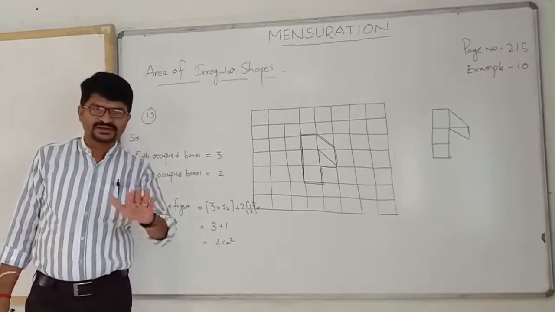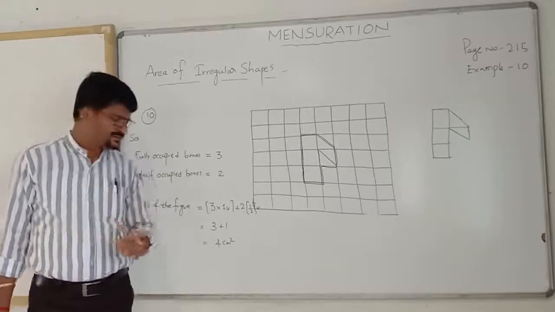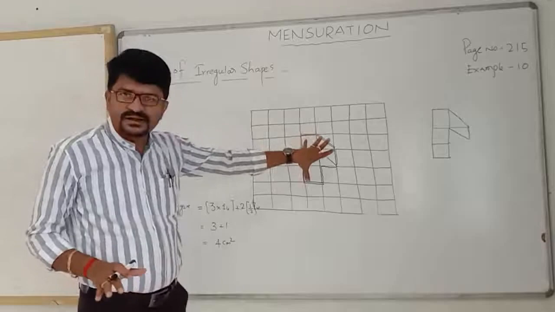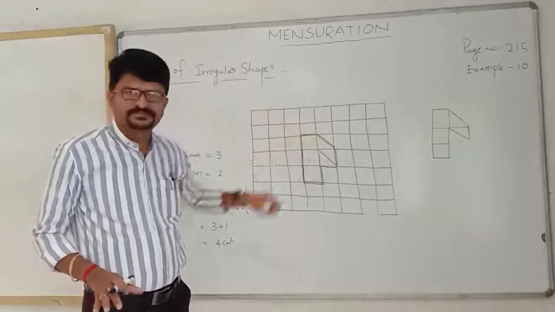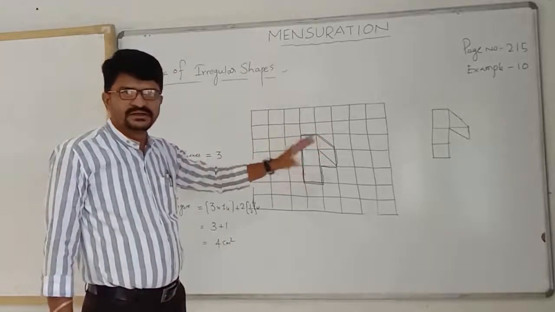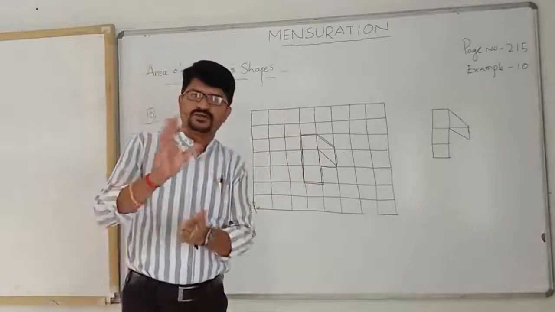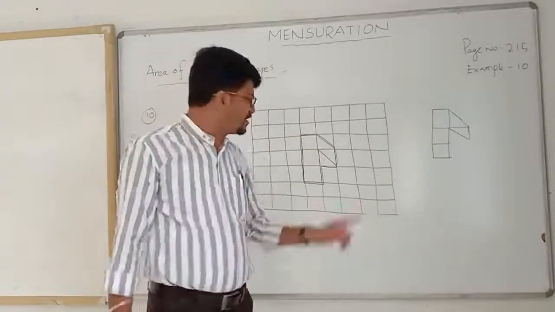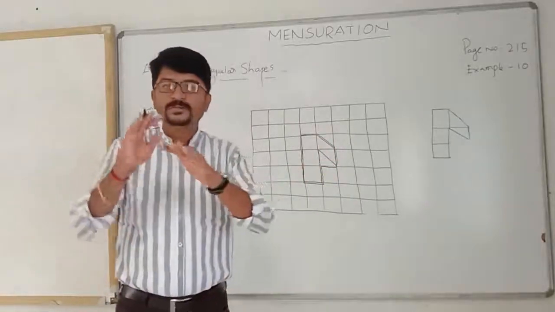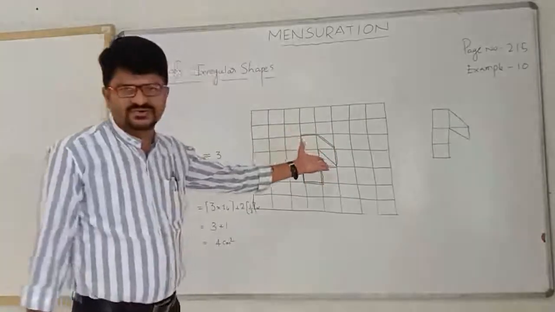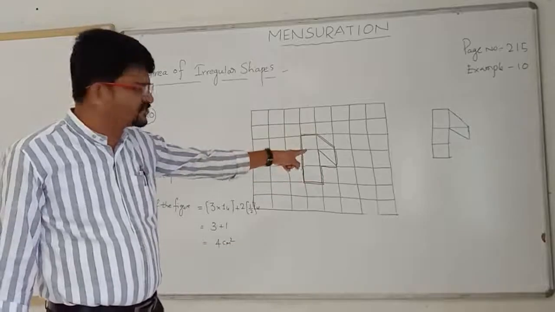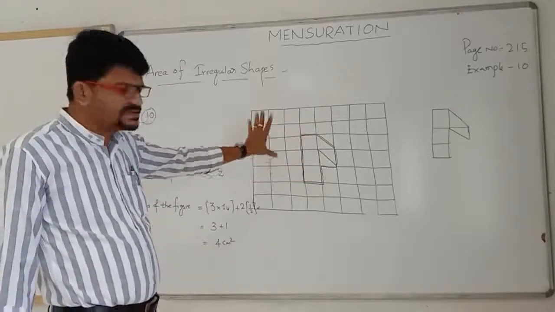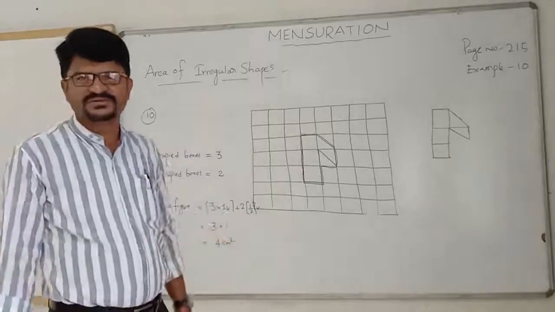Okay, clear, children? One thing, observe the diagram clearly and count how many full boxes are occupied by the figure, how many half boxes, and how many more than half. Here there is no more than half, and no less than half either, because directly it is given for simple understanding. Later we will go for some difficult sums.